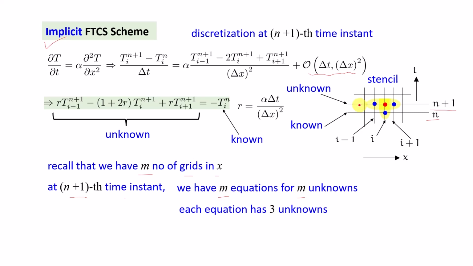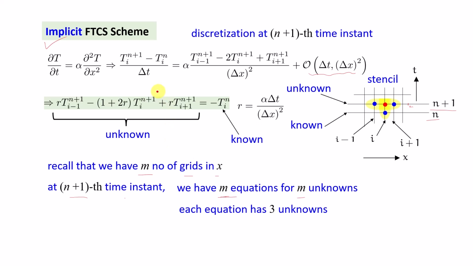So if I go along this, I have m grid points starting from 1 to m, and at each of these grid points I'll get one equation like this. So overall I'll have m equations for m unknowns. I have to solve them simultaneously to get all the unknowns in one shot.